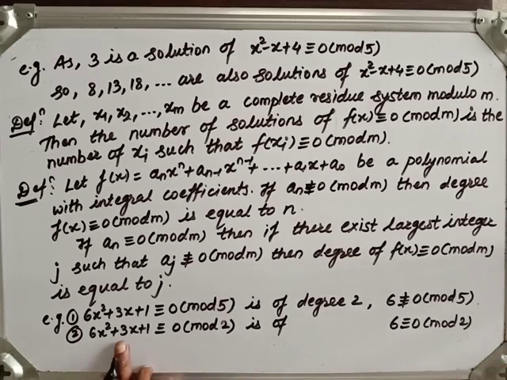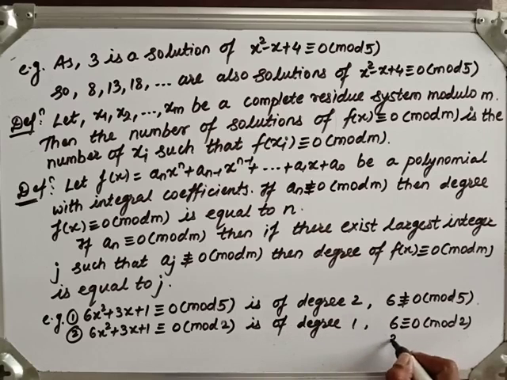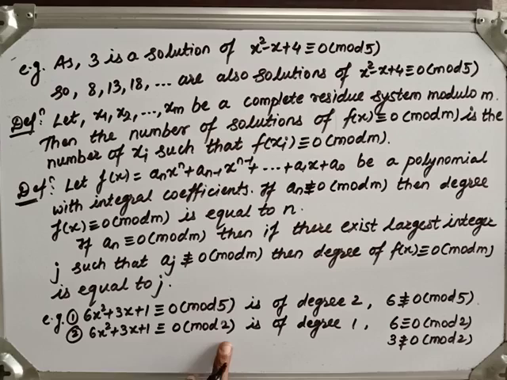But the coefficient of x, that is 3, is not congruent to 0 modulo 2. That's why the degree will become 1, as 3 is not congruent to 0 modulo 2. Same polynomial, but if we change m, the degree will change.